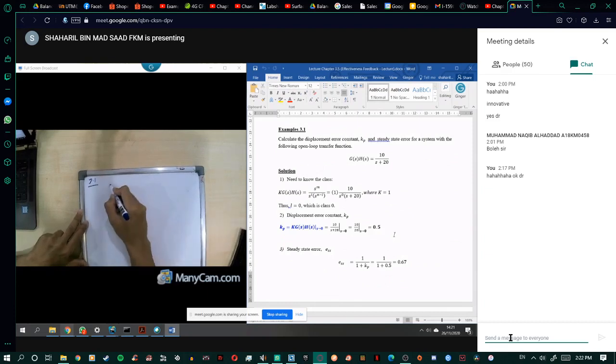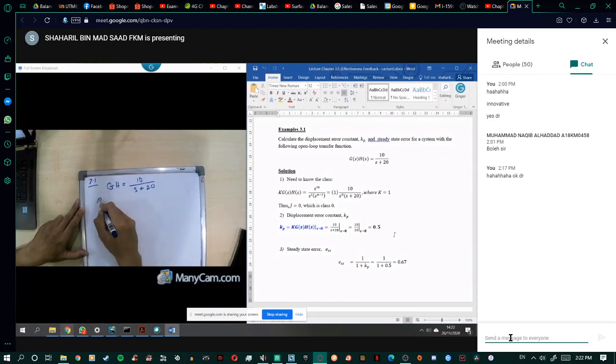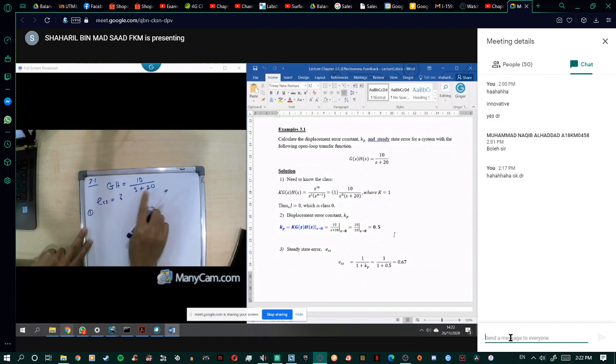So GH here is equal to 10 over S plus 20. Our objective is to calculate the displacement error constant Kp and the steady state error. Let's say we want to calculate the steady state error for three inputs: step, ramp, and also parabolic. Now, let's say we apply the step input to this system.